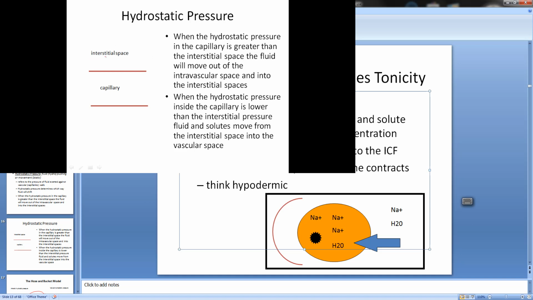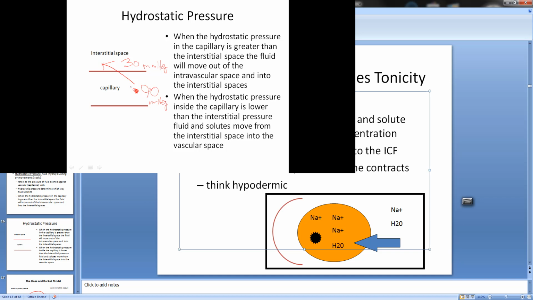Here's a relationship between the interstitial space, tissues, and inside the capillary, inside your vasculature. So when the pressure in here is, say, for instance, 90 millimeters of mercury, and the pressure here is only 30 millimeters of mercury, fluid will move from this intravascular space into the extracellular space, this interstitial space.